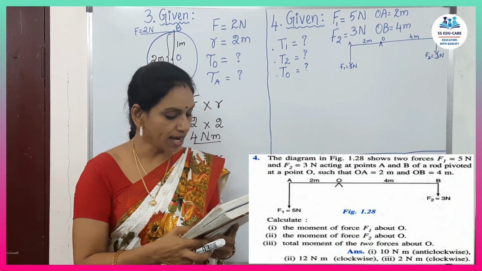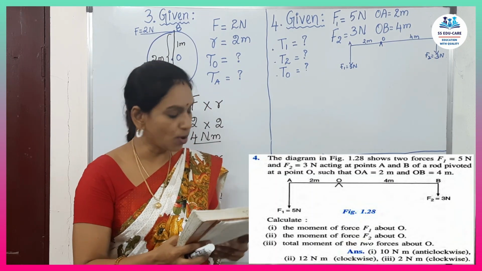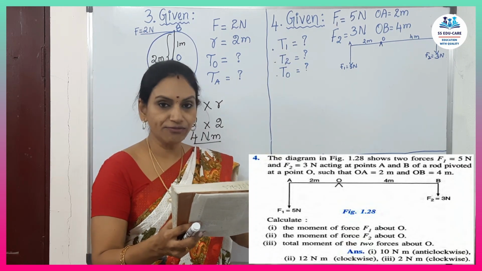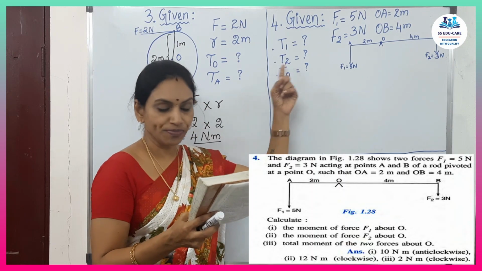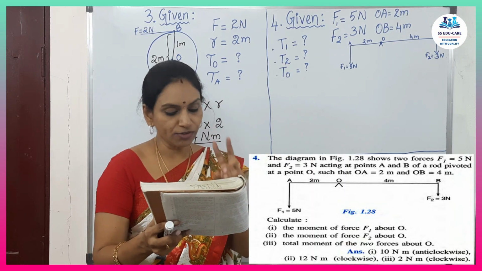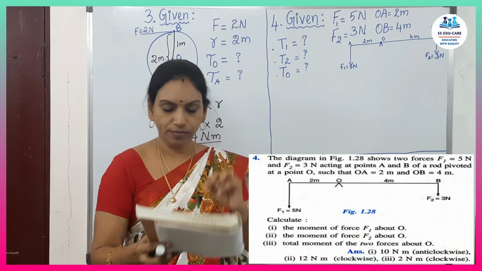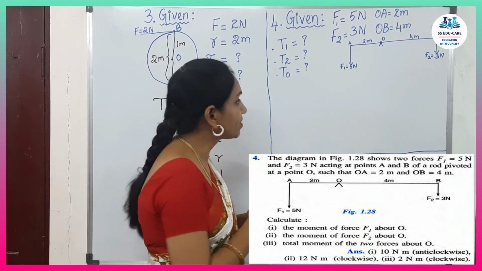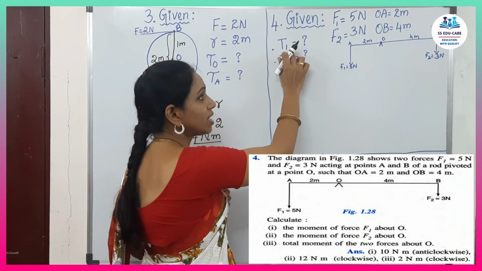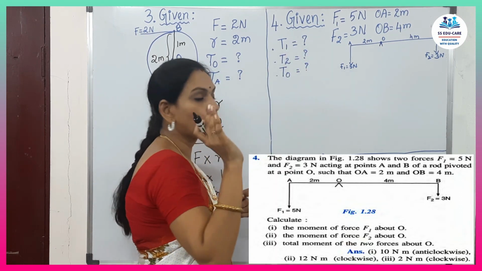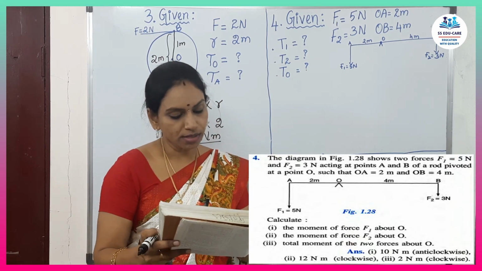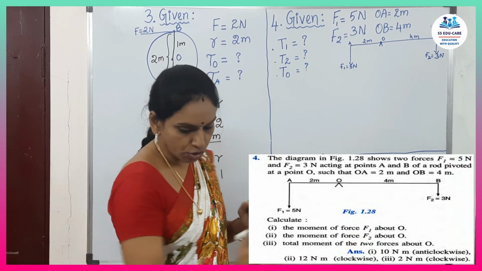We should calculate the moment of force F1 at point O, then the moment of force F2 at point O, and the total moment of the two forces about O. So now let's calculate. See what they have given. We have to calculate first the moment of force at point O.